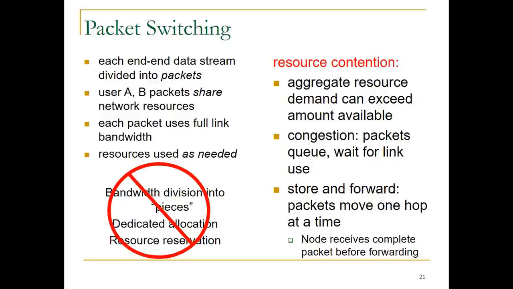This is some of the resource contention that you'd find within packet switching, but generally it's an end-to-end data transmission, which involves data being split up into packets, and mediums are shared to address network resource needs, and each packet uses the full bandwidth allocated to it.